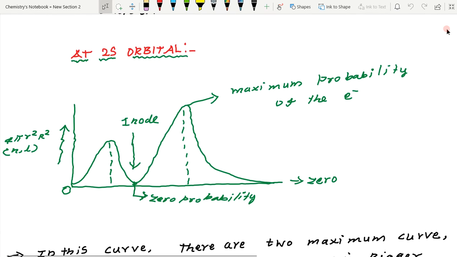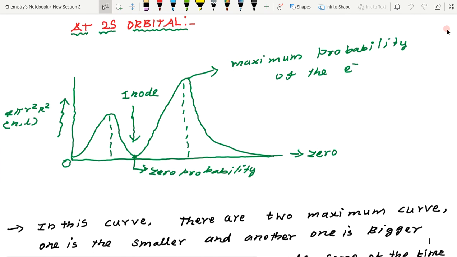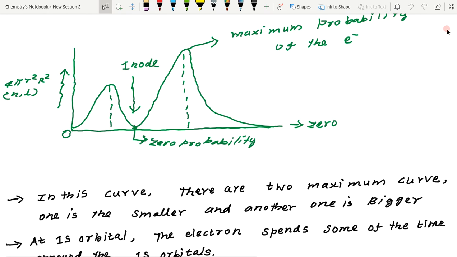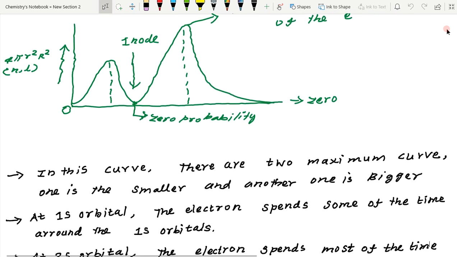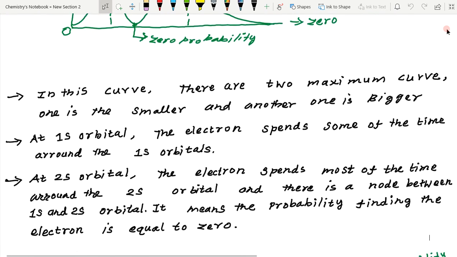Next, at the 2s orbital, see the diagram, it is similar to this. 0 is the no probability. Here also one node is present, and a maximum of the curve denotes the maximum probability of finding the electron.